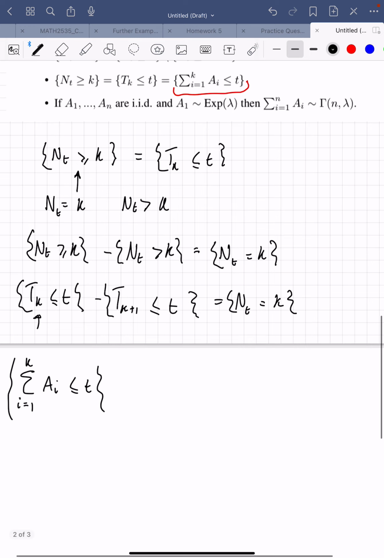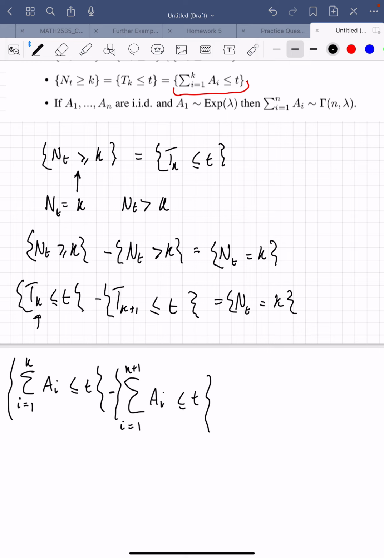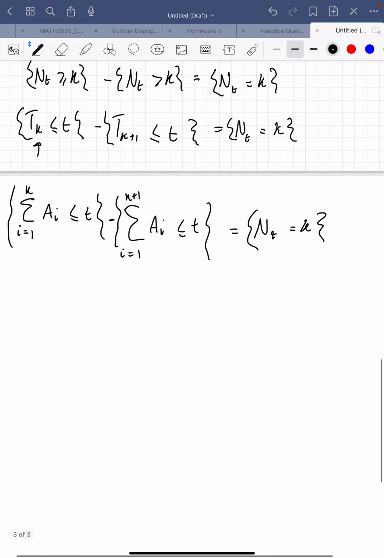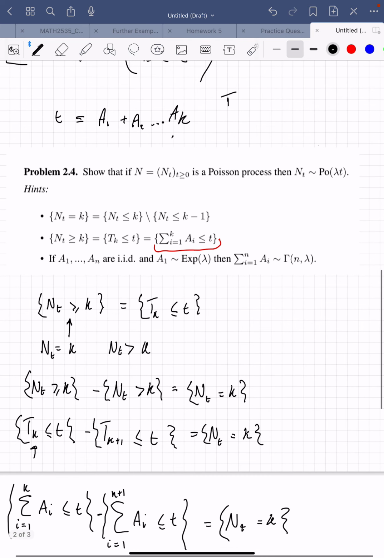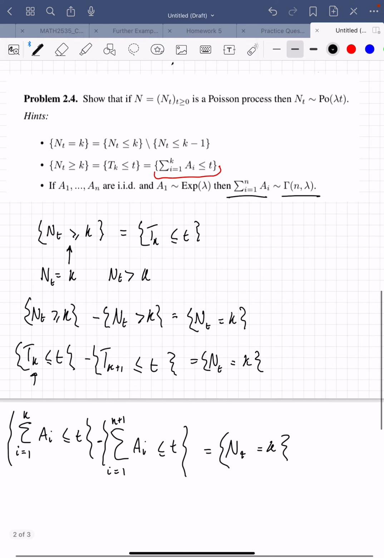Now, the second section is just going to be the sum from i equals 1 to k plus 1 of a_i is less than or equal to t, equals N_t equals k.